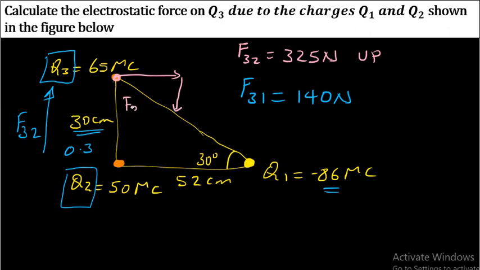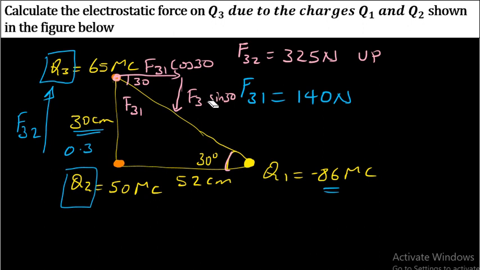This is F31. By the way, this angle and this angle will be the same because they are alternate interior angles, 30 degrees. So this is going to be F31 in the x direction, F31 cosine of 30 degrees, because it is the horizontal component, and the vertical component will be F31 sine 30 degrees, because the angle we got already.